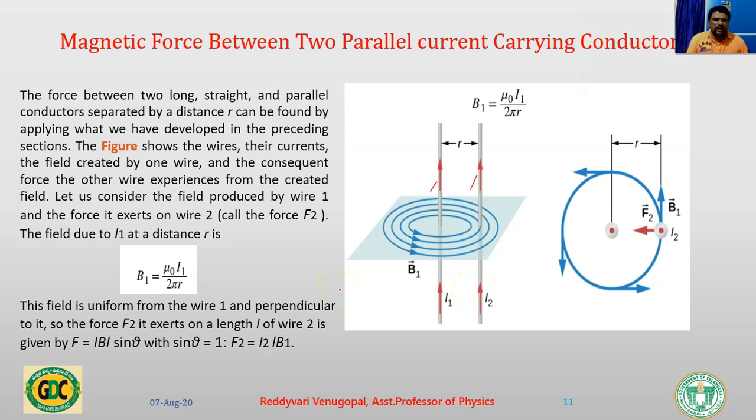Here we are going to use the same concept we derived in the previous sections. Till now, we have derived an equation for the magnetic field at point P. We are calling that magnetic field B.